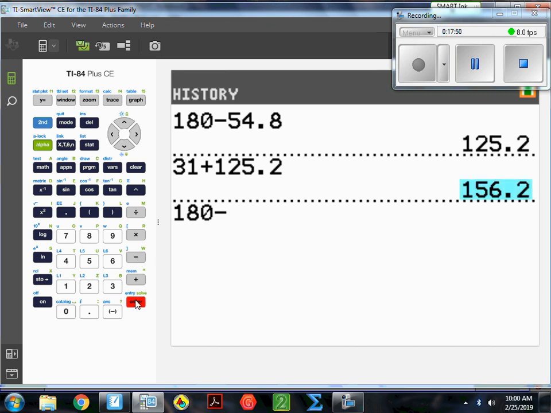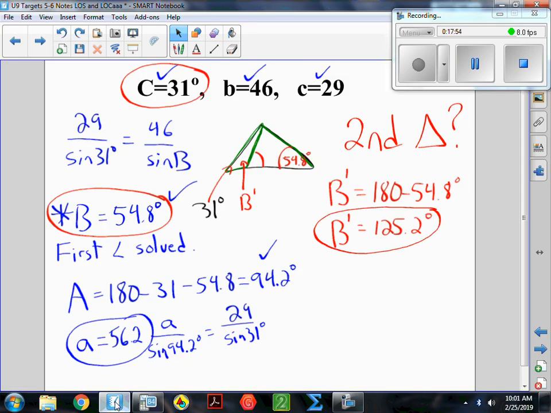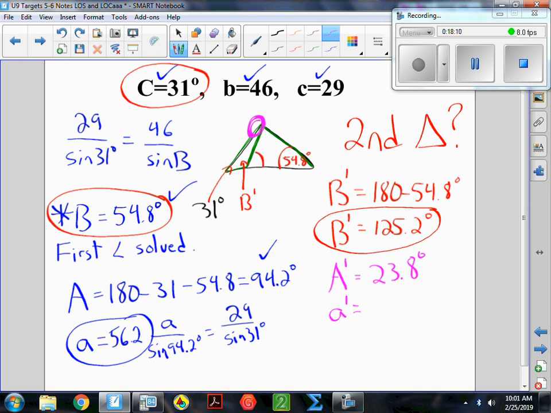So 180 minus that 156.2 gives me 23.8, which means that this little angle up at the top in the second triangle is going to be the second angle A, and it's going to be 23.8 degrees. Then I can do the law of sines one more time to find side A, and I'm finished with the process.